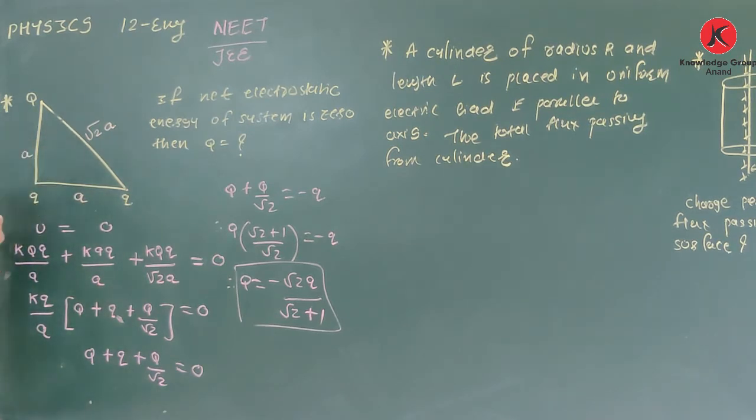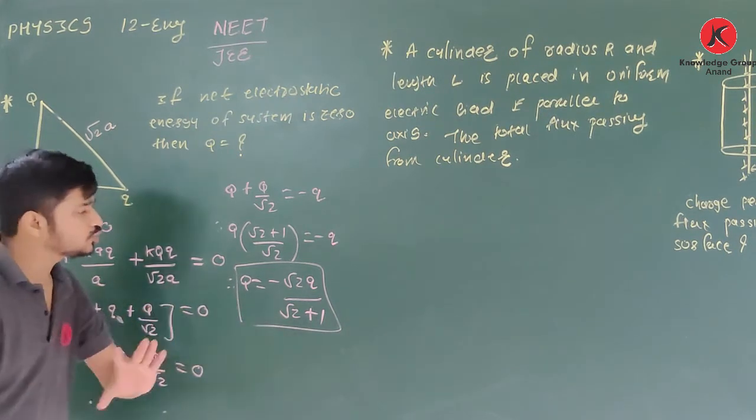You have to identify pairs and write the equation of potential energy for those pairs. K Q upon A common, so it is Q plus q upon root 2 is equal to 0. So you will get Q is equal to minus q root 2 upon root 2 plus 2.